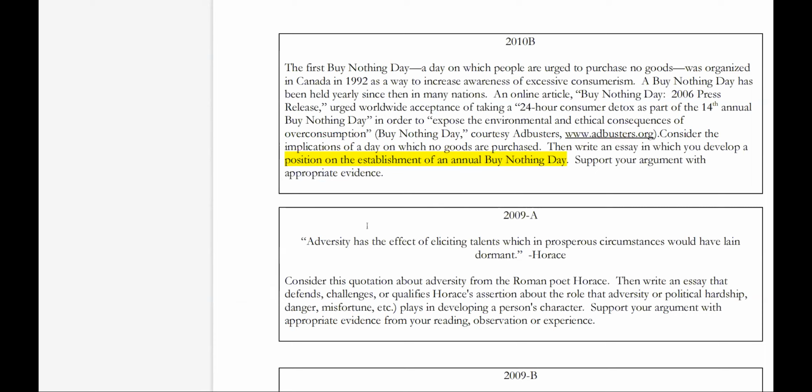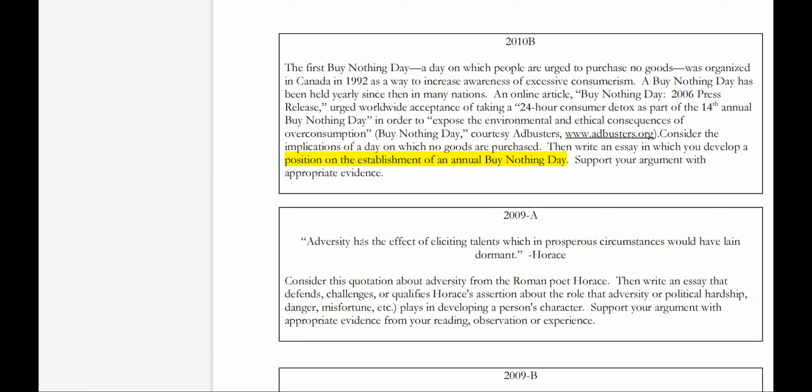And it's going to cause unnecessary inconvenience to people's daily life, right? So I at least have two arguments to support why we should not hold an annual buy nothing day, because this activity is going to generate harms. And that's a pros cons essay.